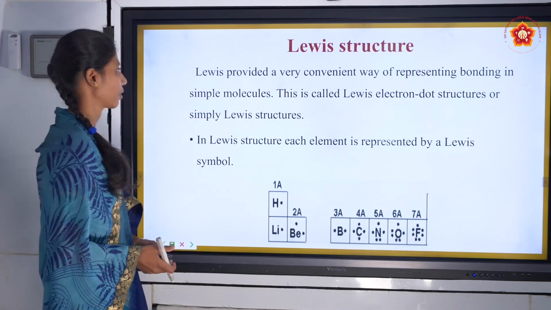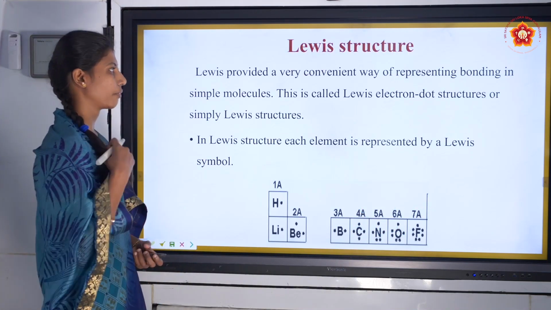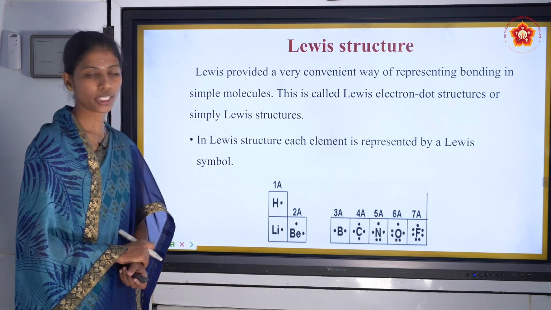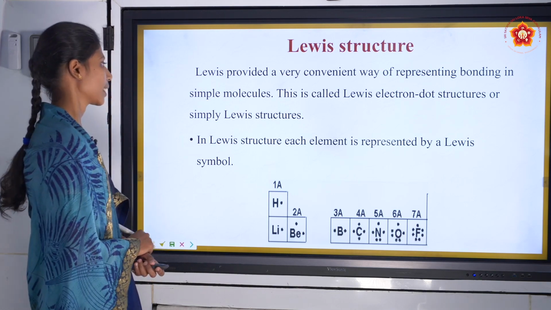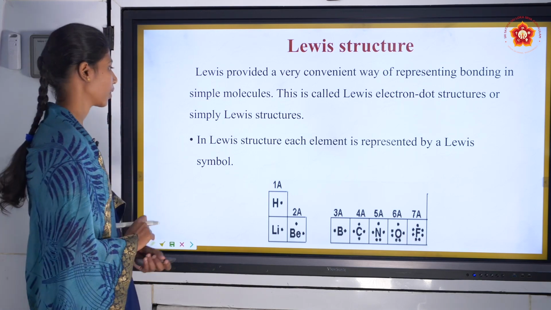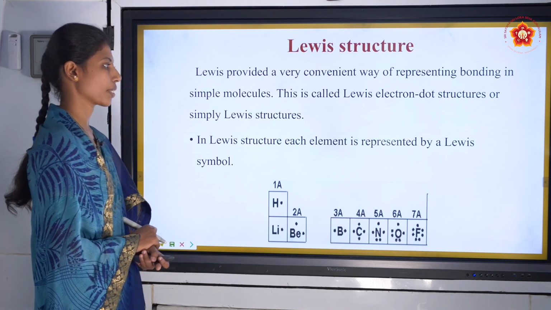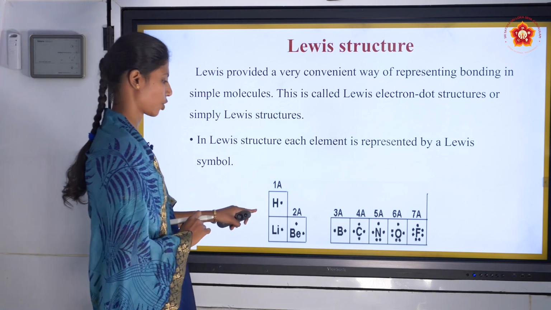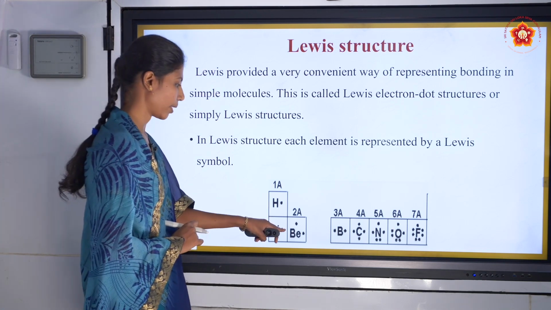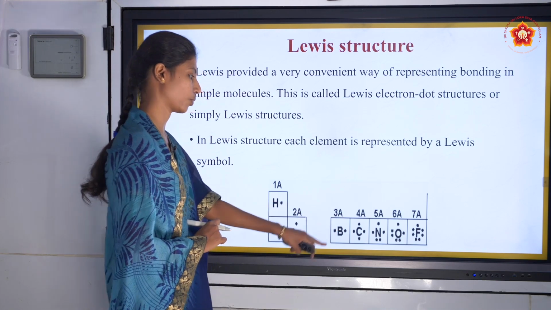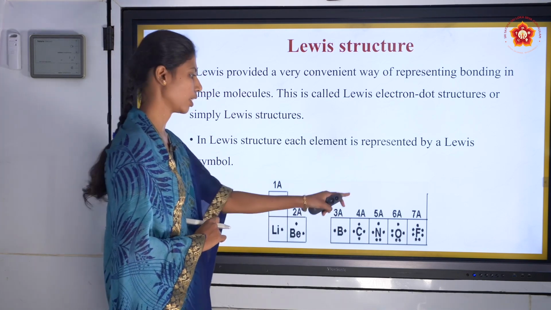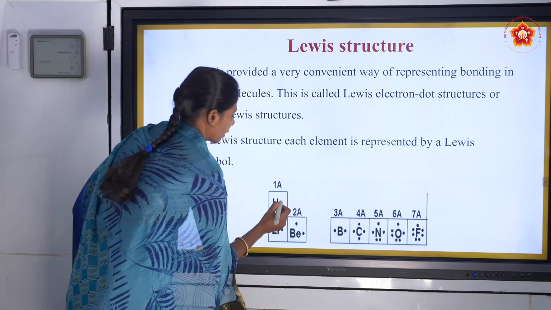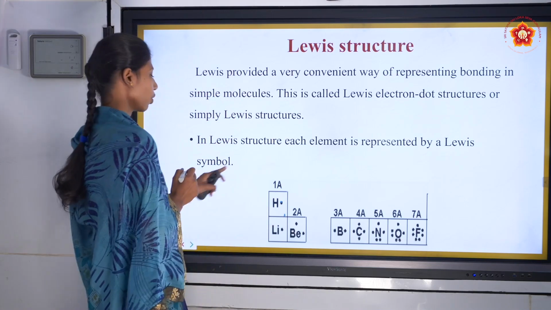Next, Lewis structure. Lewis provided a very convenient way of representing bonding in a simple molecule. This is called the Lewis electron dot structure, or simply Lewis structures. In the Lewis structure, each element is represented by a Lewis symbol. For example, first group hydrogen and lithium, second beryllium, third group boron, fourth group carbon, fifth group nitrogen, sixth oxygen, and seventh fluorine. The dots are there; that is the Lewis symbol.